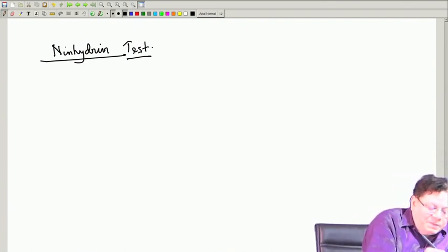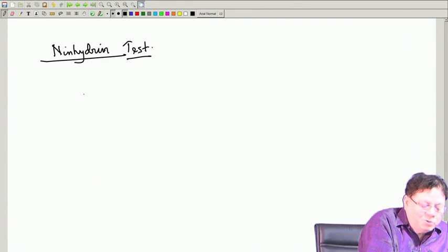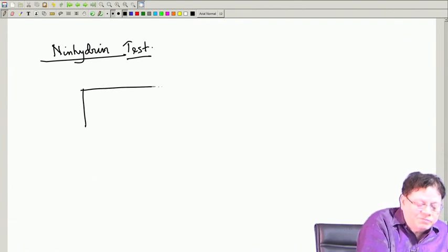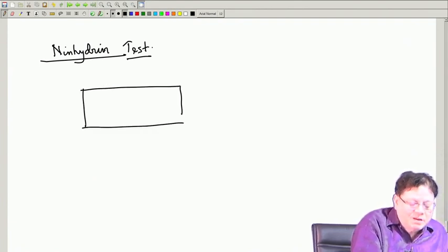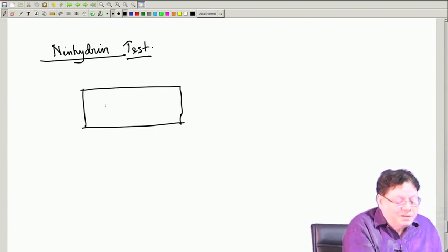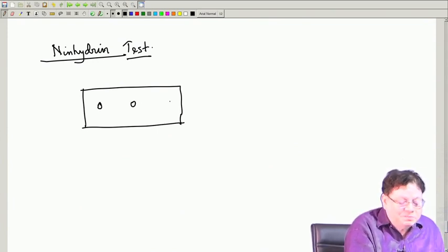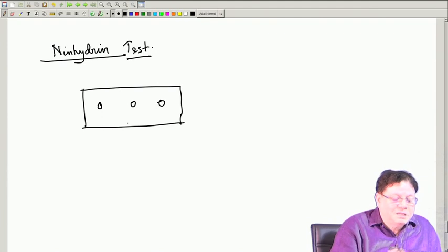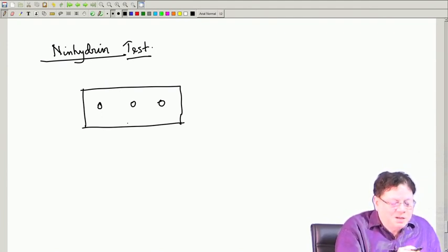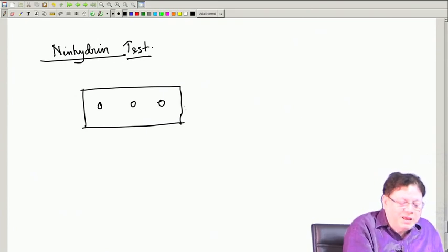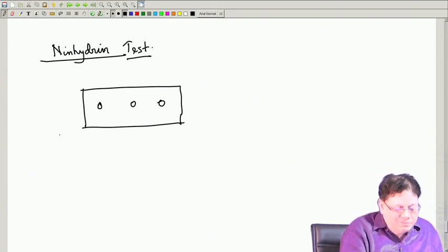Okay. So, now what you do, suppose my question is, after the electrophoresis I have bands here. Okay. These are the spots of the 3 amino acids. How to know where they are? So, what I do, I spray this ninhydrin reagent, it is just ninhydrin in acetone solution.